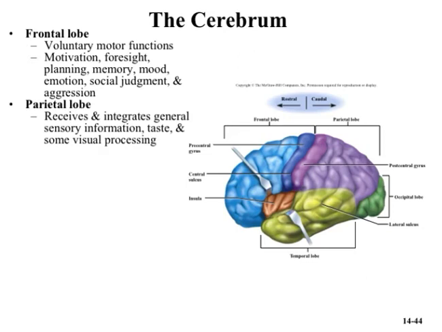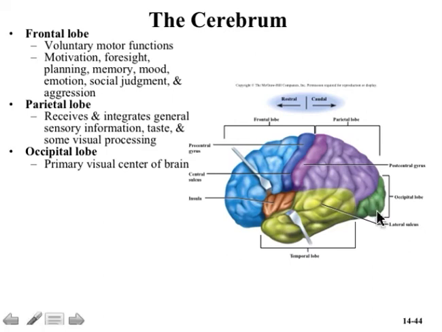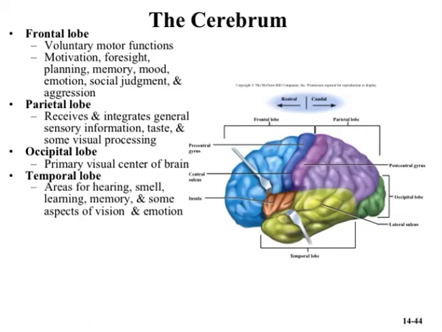The parietal lobe receives and integrates general sensory information, taste, and some visual processing. The occipital lobe is the primary visual center of the brain, noted back here in green. Okay, the parietal here in purple, and the frontal here in sort of the aquamarine color. The temporal lobe contains the areas for hearing, smell, learning, memory, and some aspects of vision and emotion.